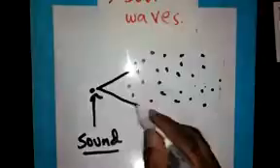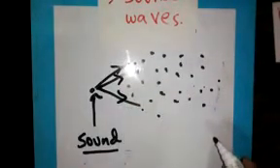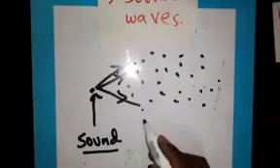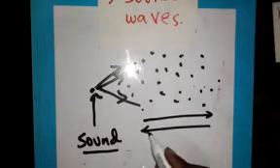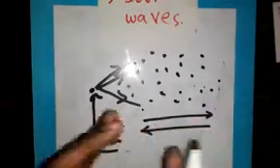Now when the disturbance enters the air molecules, they tend to move forth and back. They move like a swinging tree. Go forth, come back. Go forth, come back.